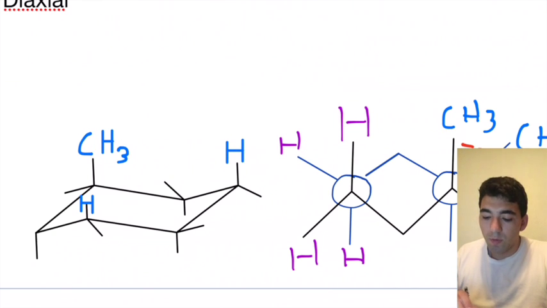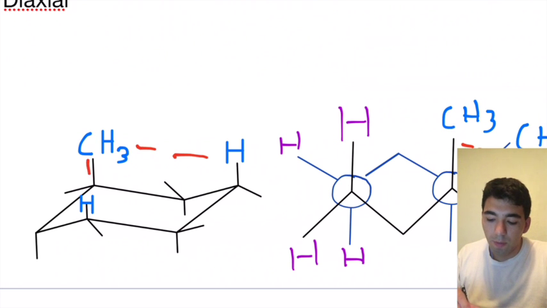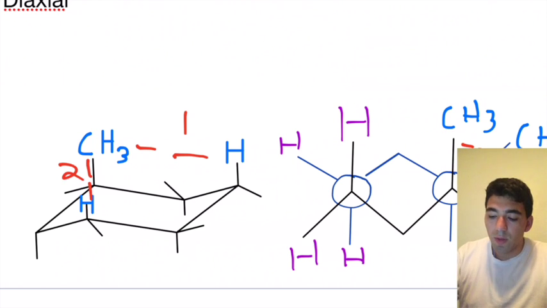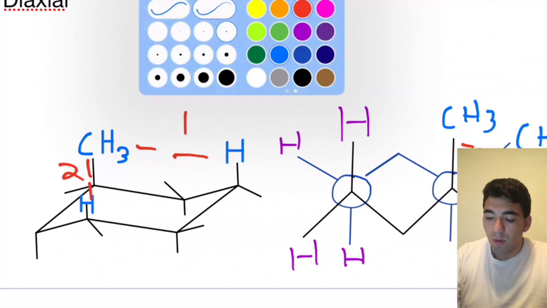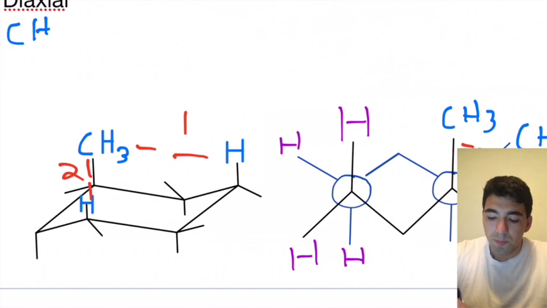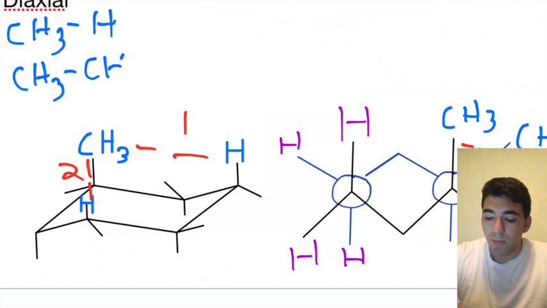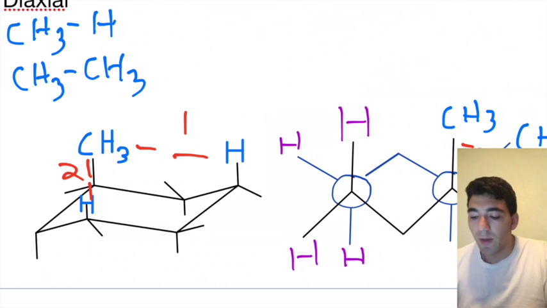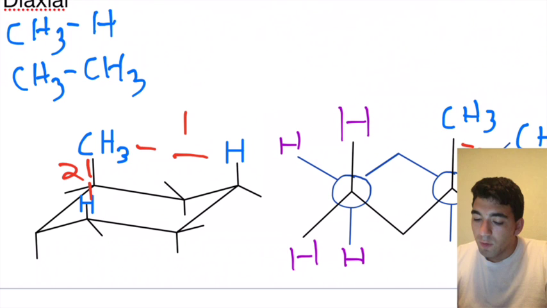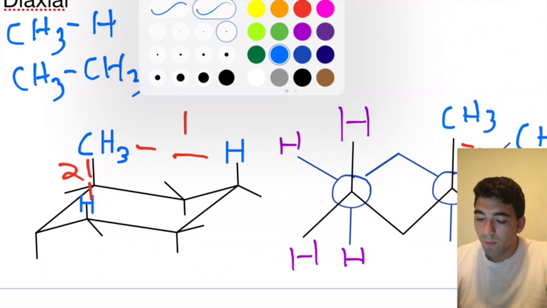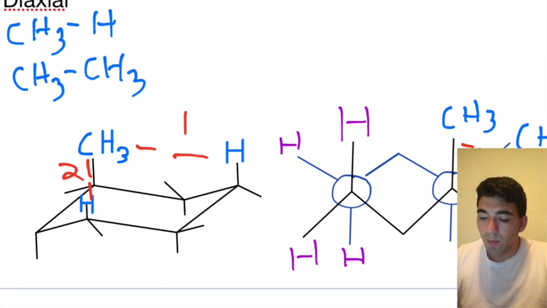We have those 2 hydrogens also in the axial position bumping into each other, and this one. So you can see those 1 and 2 interactions, and both of these diaxial interactions are between methyl groups and hydrogens. You can also have a diaxial interaction between 2 methyl groups, which is even more unstable or takes more energy to maintain. Okay, so we saw 2. Let's add that to our table.